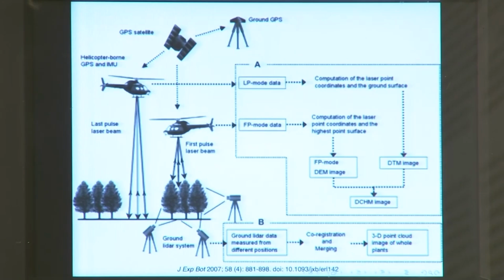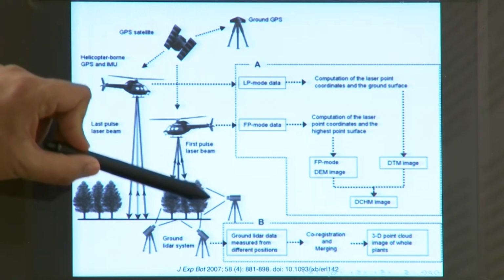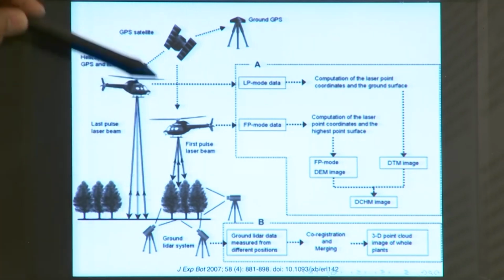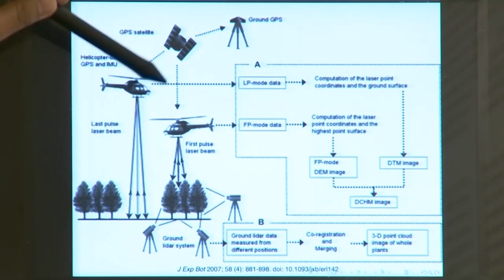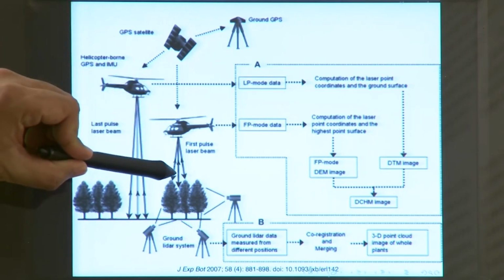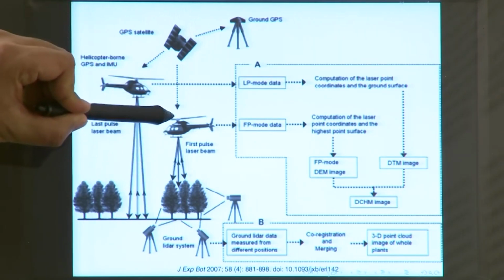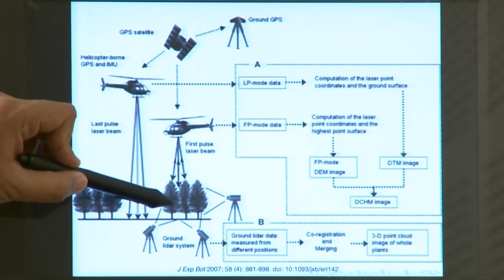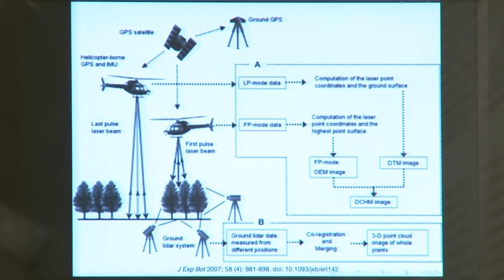Suppose here you have your aircraft and you have the canopy and you also have the ground. Now, when you are shooting a beam of laser, then the first laser would interact with the top of this canopy and come back. So, that is the first pulse method, but then you will also have some laser that will go down and then it will come back. So, that is the last pulse method.